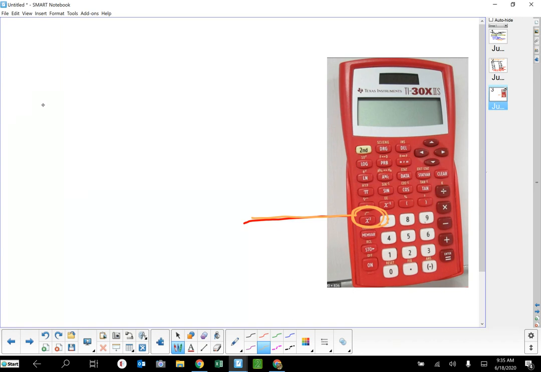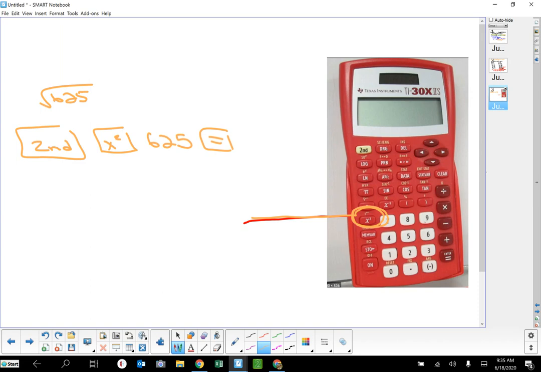So if you want to take the square root of 625, then because it's in yellow up above a key, you would have to hit second and then hit the x squared button, and then you type in the 625 and then hit equals. Now with these, if you get a whole number, then it is a perfect square. If you get a decimal, it is not, right?